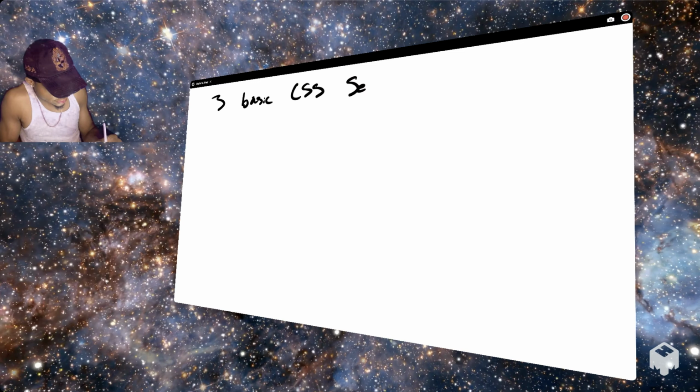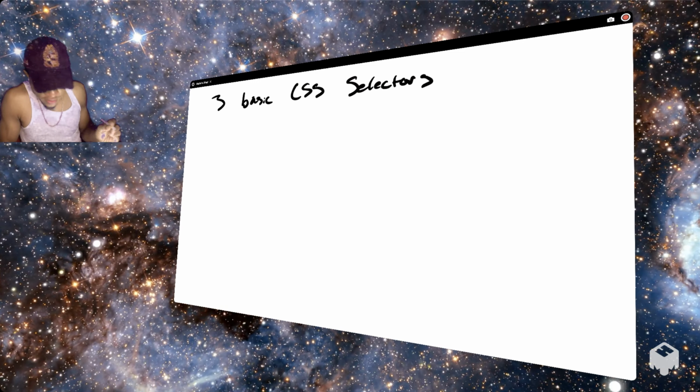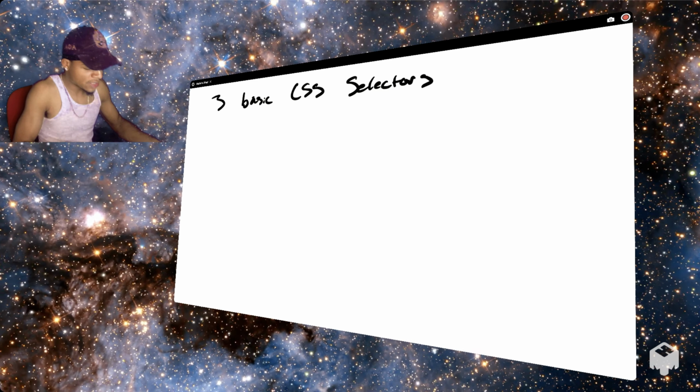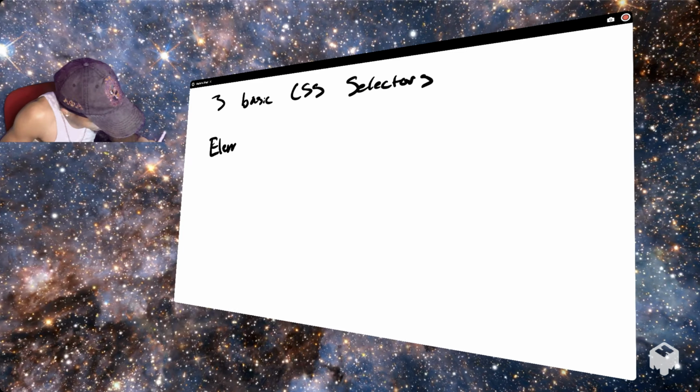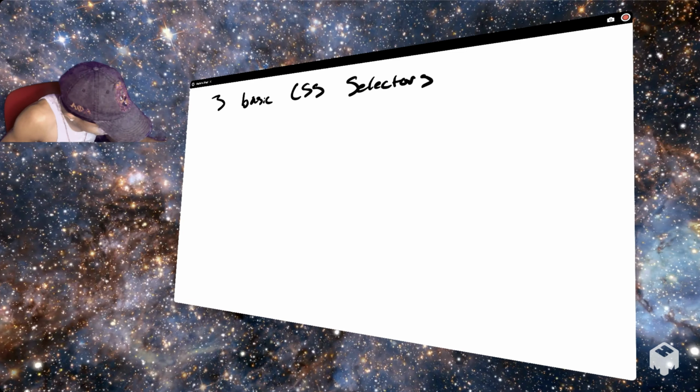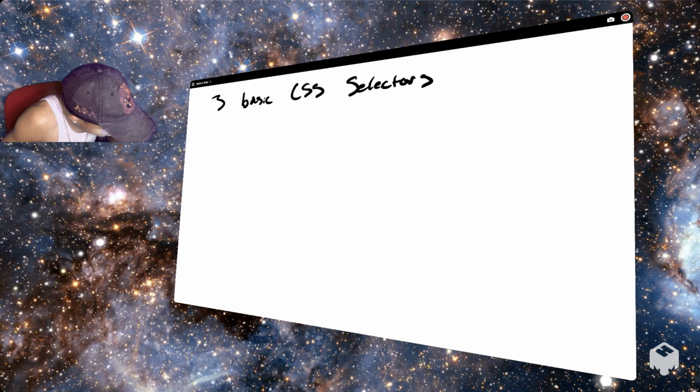And when I say we have our element selectors, so CSS, let's go with CSS, the three basic selectors of CSS. Three basic CSS selectors. Okay, and so the three basic CSS selectors: one, you got your element selectors.